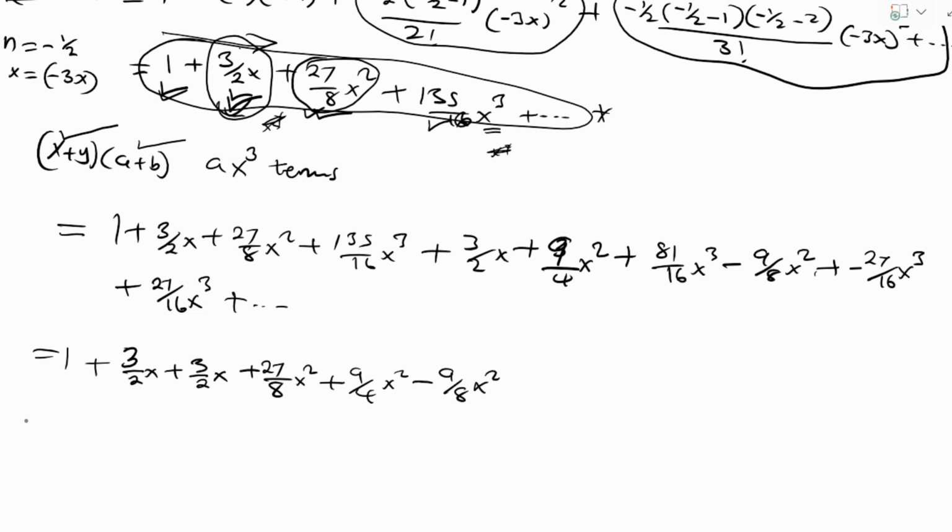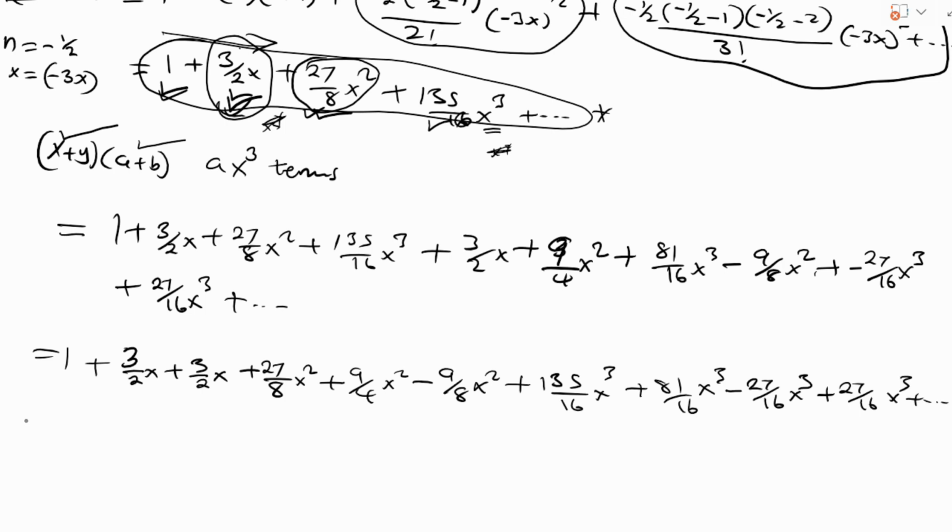So we are through with x squared. We go to x power 3: plus 135 over 16x power 3, plus 81 over 16x power 3, and then minus 27 over 16x power 3 plus 27 over 16x power 3.